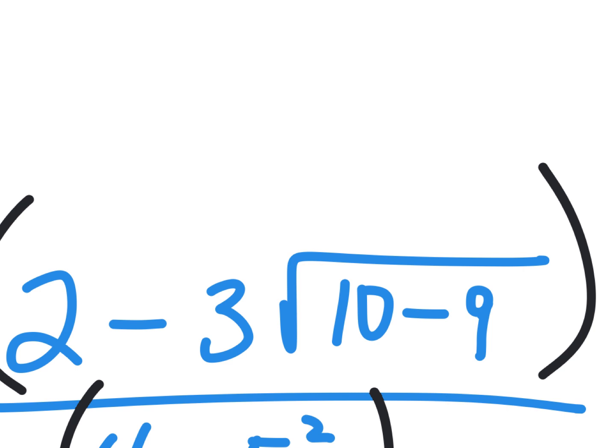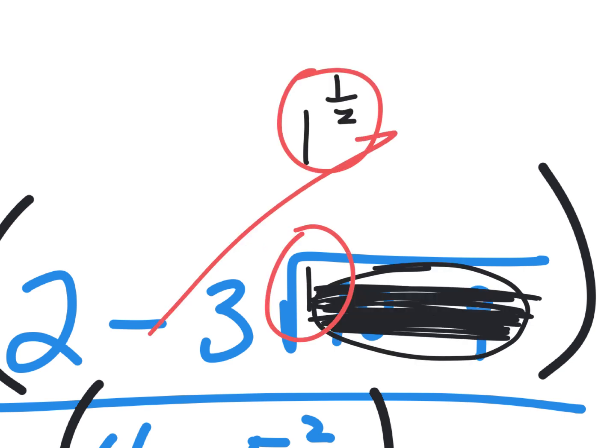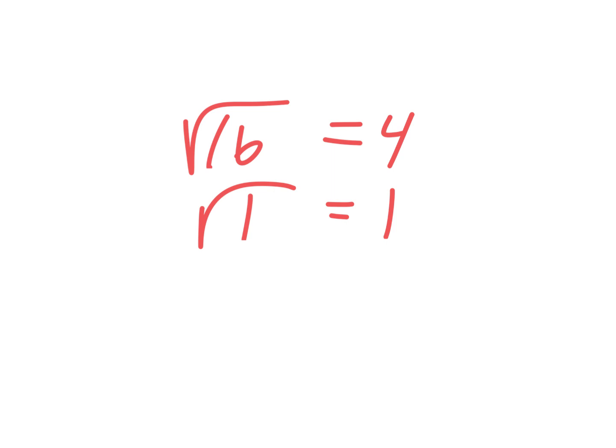So what is the square root of 1? Ooh, a lot of kids last hour didn't know this either. Square root of 1 is 1. Very good. Let's talk about what square roots are. Square root of 16 is 4 because 4 times 4 makes 16. What's the square root of 1? 1, because 1 times 1 makes 1. How about the square root of 0? Some people are like, oh, that doesn't exist.